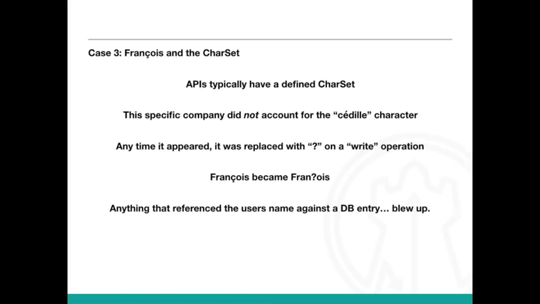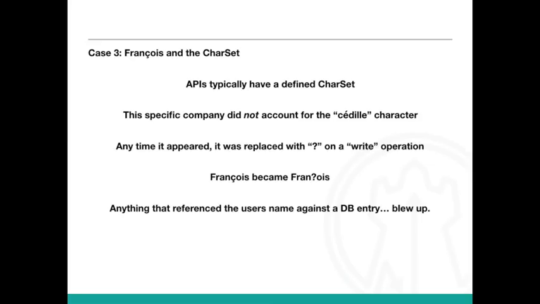Now, and this is kind of tongue-in-cheek, anything that referenced this user's name against the database would blow up. But this is actually a really legitimate and serious problem, because anytime we're executing an operation via API for authentication, it's receiving some data from the client, that would be us, and comparing it against known data.